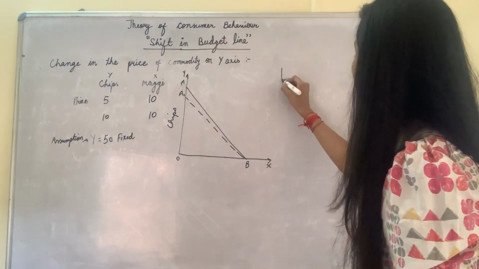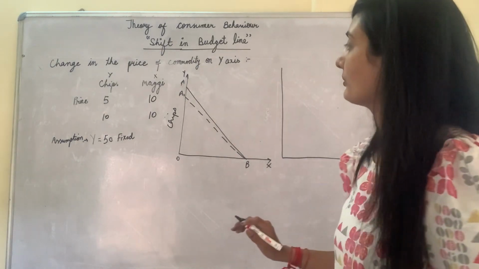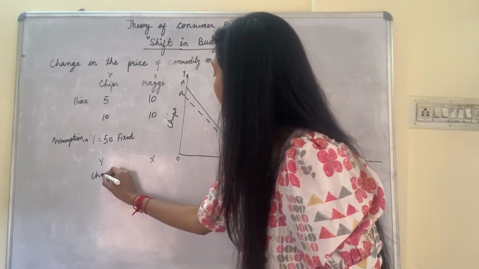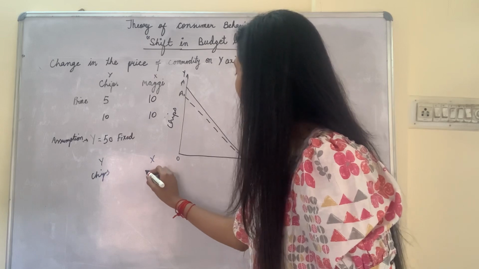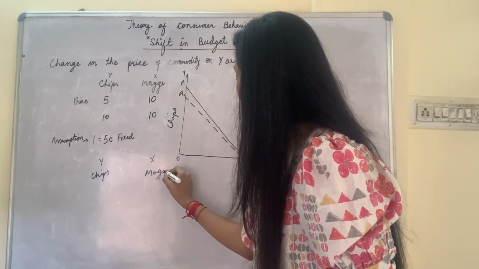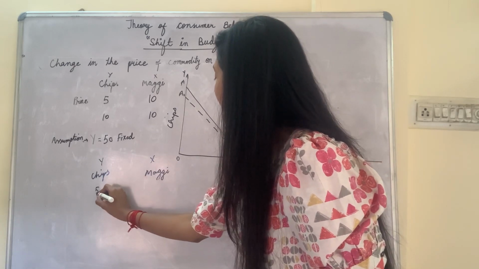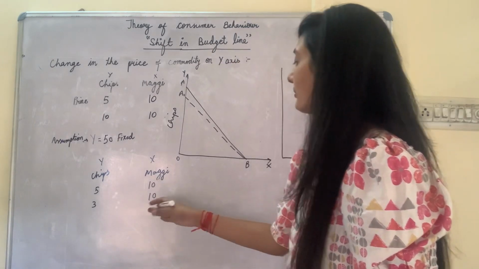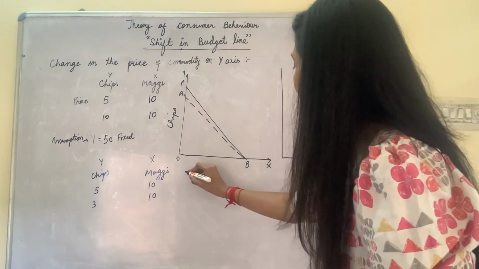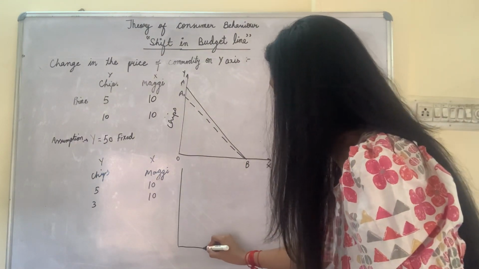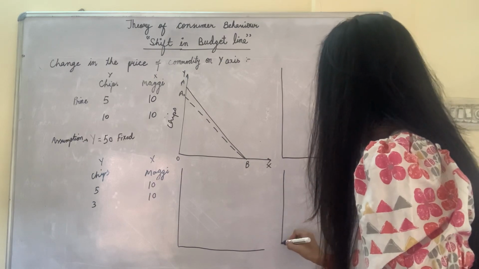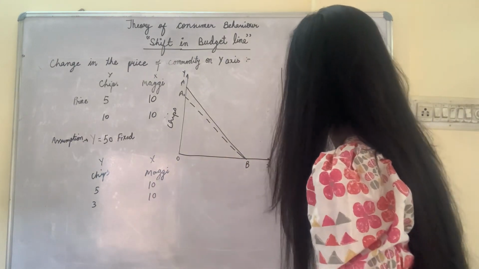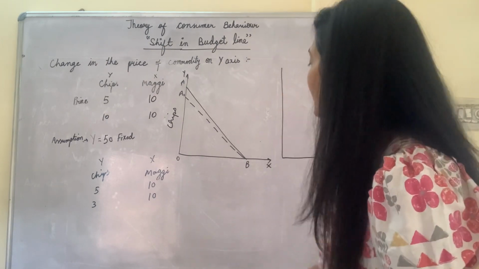Now, second, we assume that the price of chips is decreased from 5 to 3, and the price of Maggi, as we assume, will be constant, as we are dealing with the y-axis commodity.